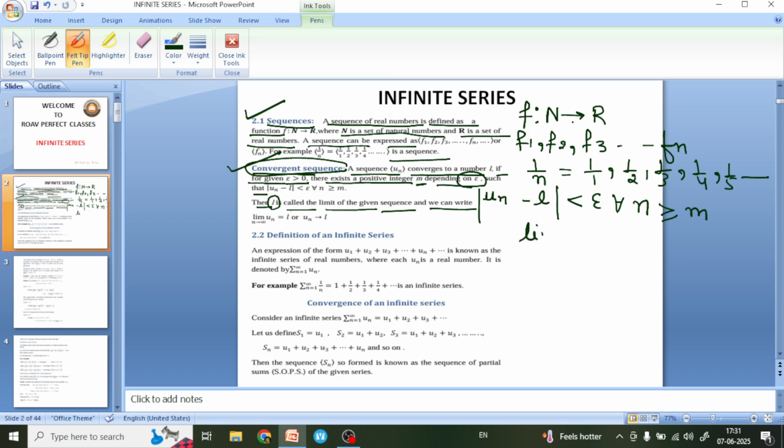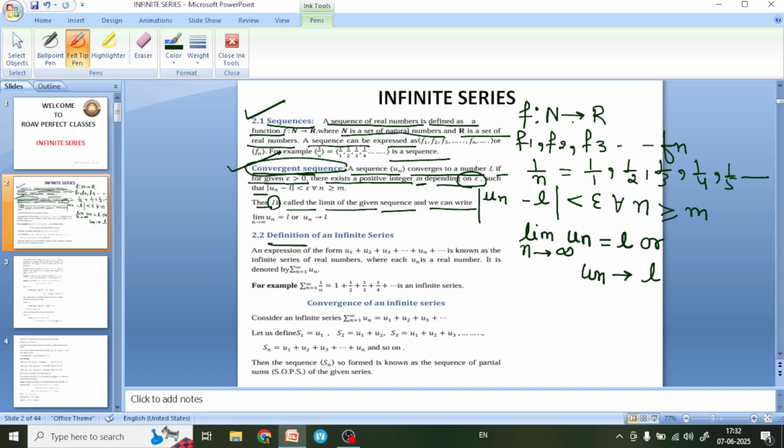We can write it like this: lim as n tends to infinity, where n starts from 1 and goes to infinity. The limit of un is equal to L, the sequence converges to the number L, or you can say un tends to L.